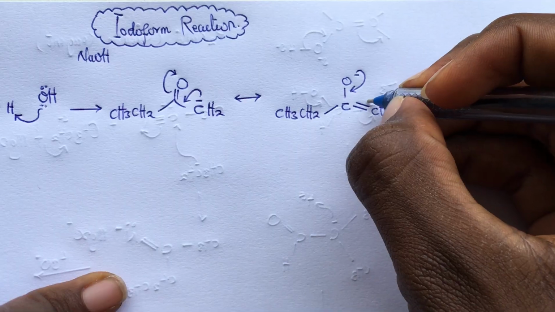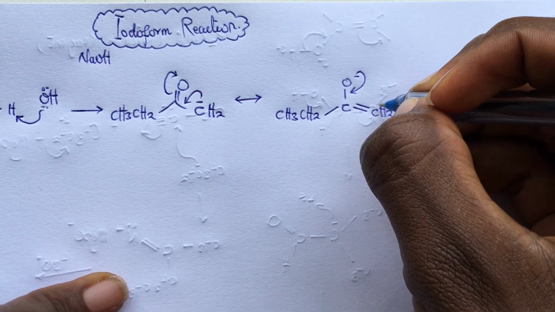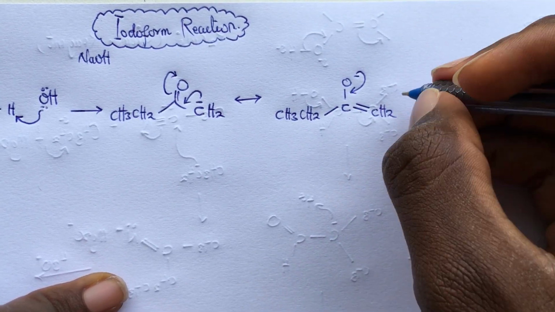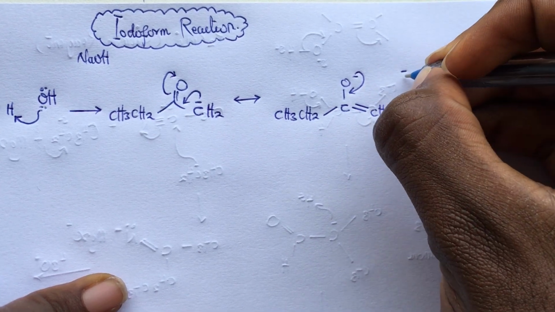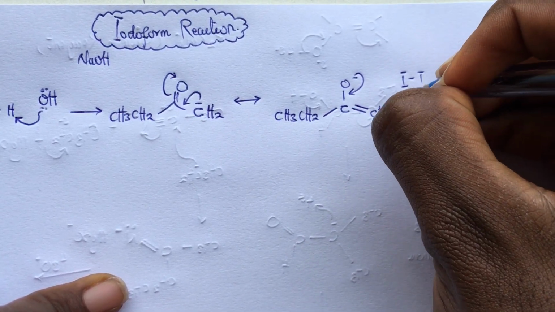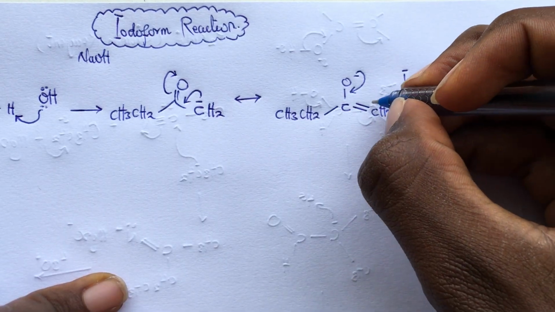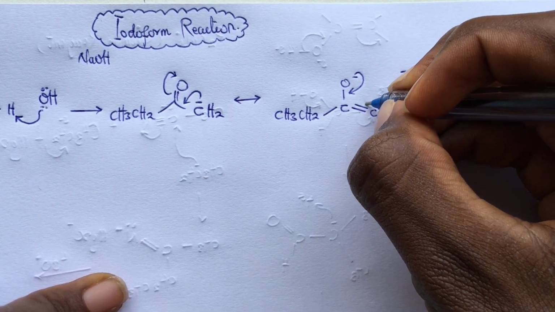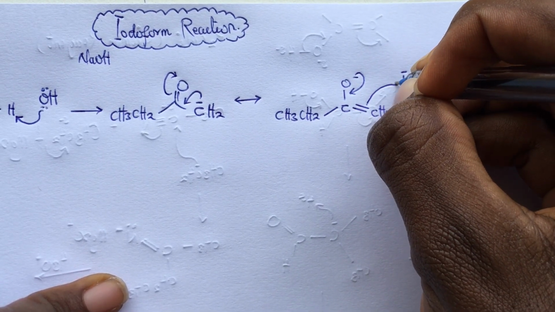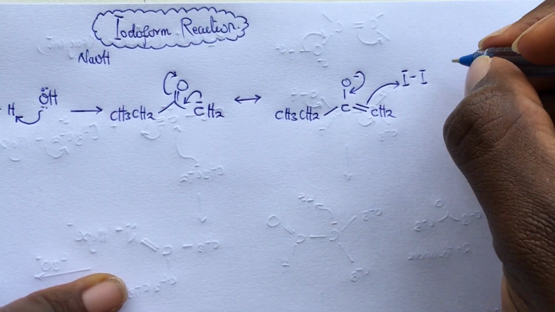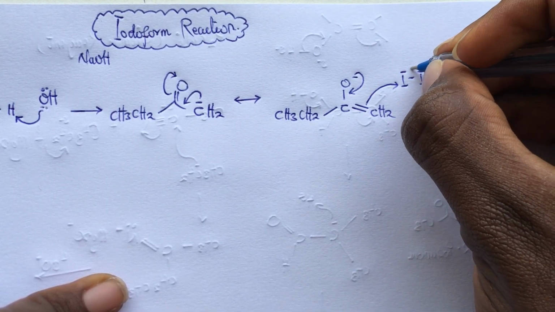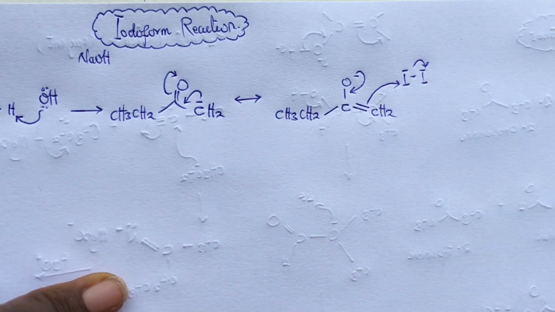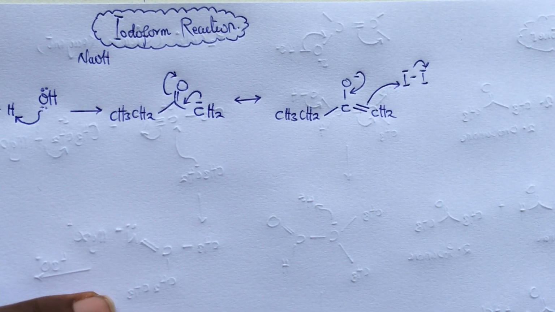So instead of the electrons falling onto this carbon to generate your carbanion again, we just move straight forward because you are reacting it in the presence of iodine, right? We are going to have the bonding electrons attacking one of this iodine atom, rather. Then the electrons will fall onto this. We are going to generate a lot of I minus in the solution.